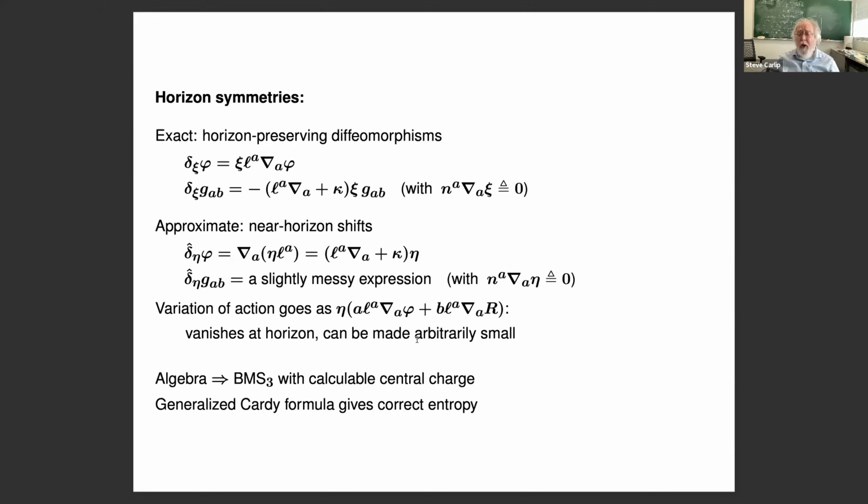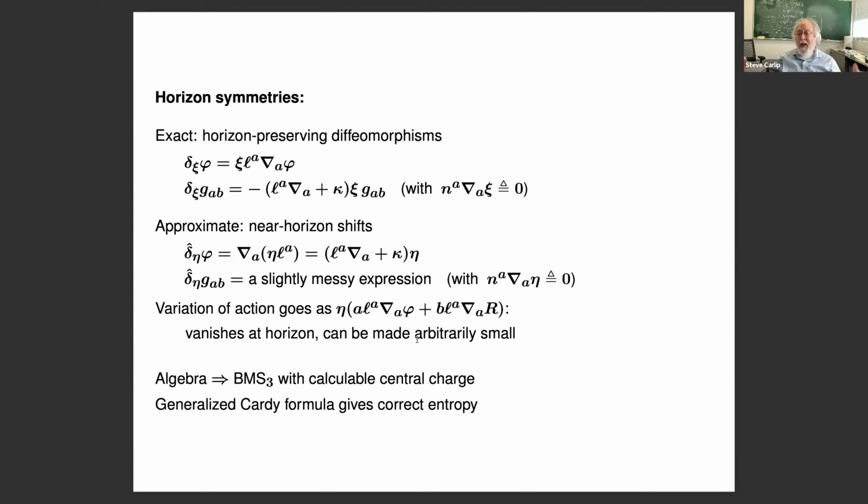And if you work out the algebra of that symmetry and the horizon diffeomorphisms, you find that you have a BMS3 group. And it has a calculable central charge, and you can use the generalized Cardy formula that gives you the right entropy.